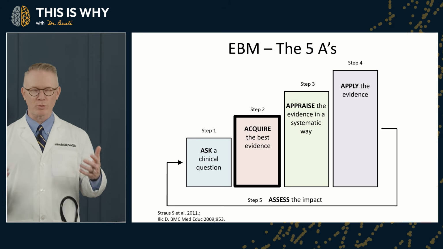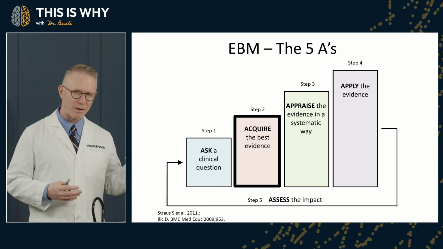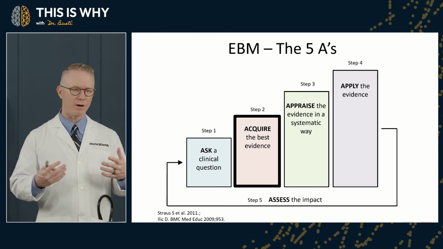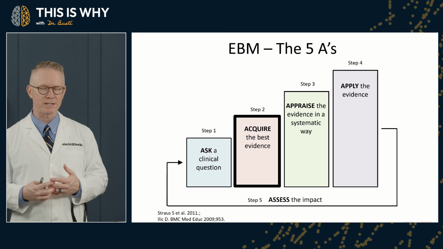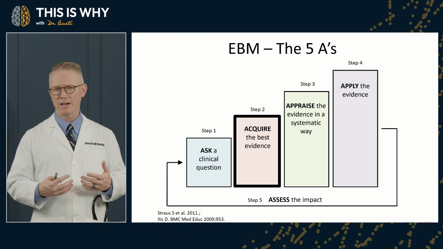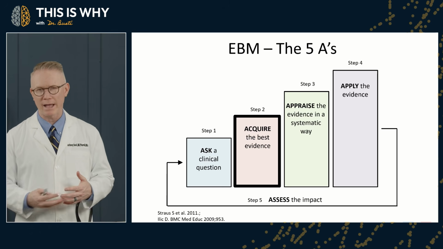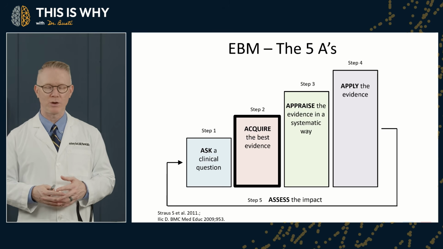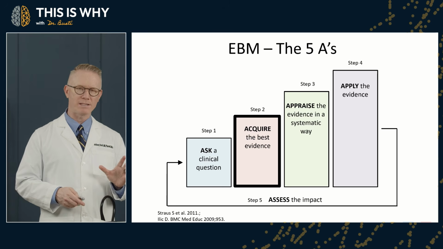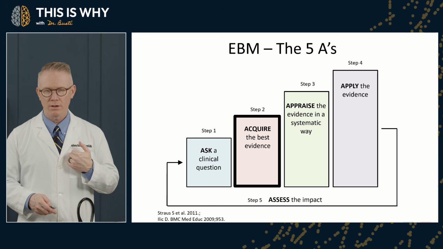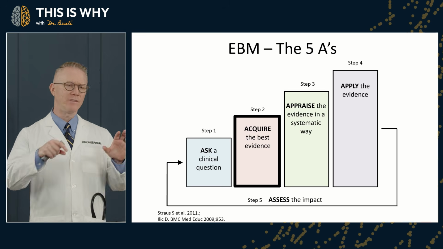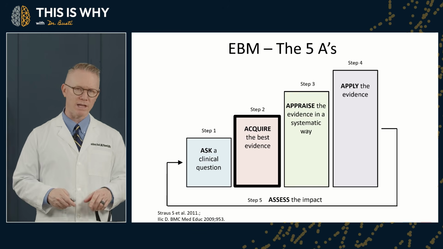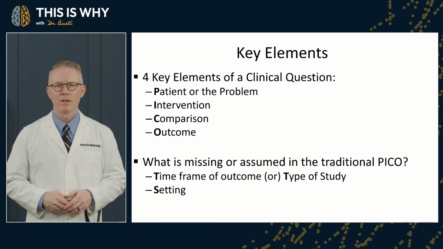And that is the appraisal process, through a systematic process of how to review the paper and interpret it for bias and overall determine its level of internal validity so that we can externally apply it. So that's the 4th step, which is application to the patient scenario. And then lastly, of the 5 A's, is assessing our own clinical practice to see if the decisions that we made based on the evidence are consistent with the evidence itself.